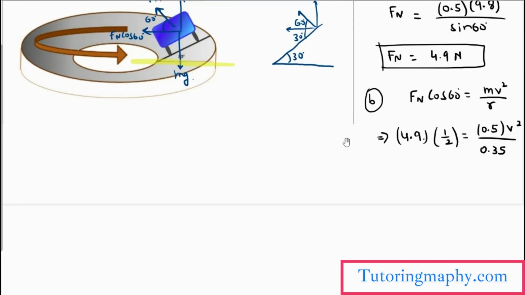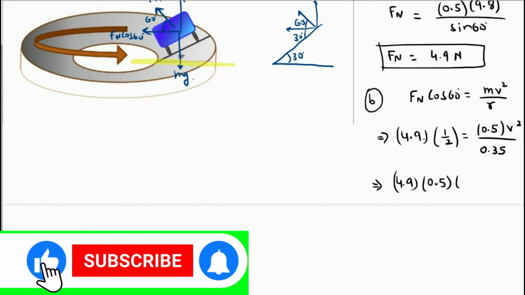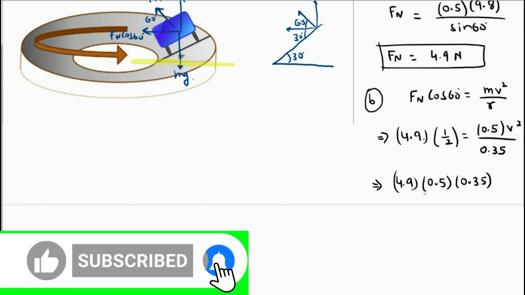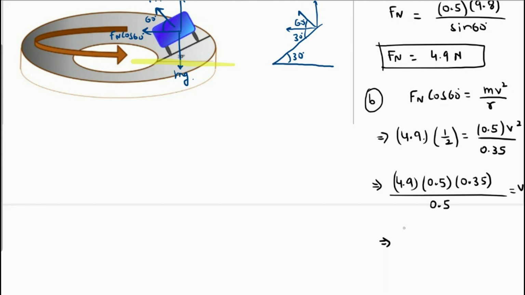So all we are left with is just the calculation part. Let's cross multiply. So 4.9 times 1 over 2, which can be written as 0.5. This 0.35 gets multiplied with this, so 0.35. Dividing both sides by 0.5, we have this equal to v square. That's where the calculator comes in. So let me grab my calculator.